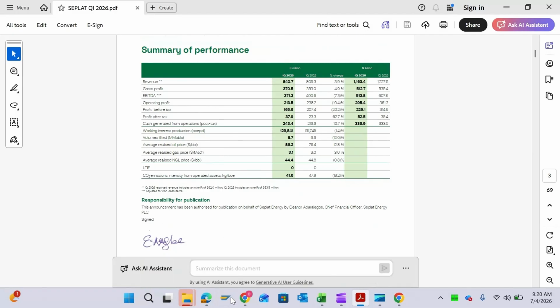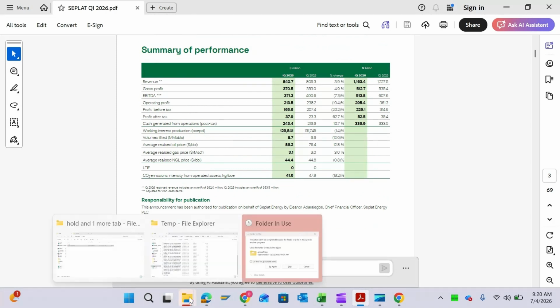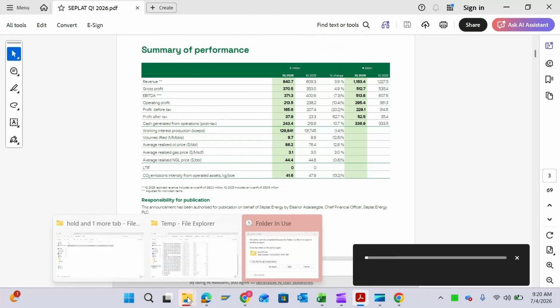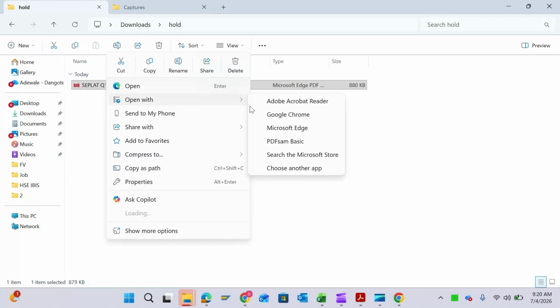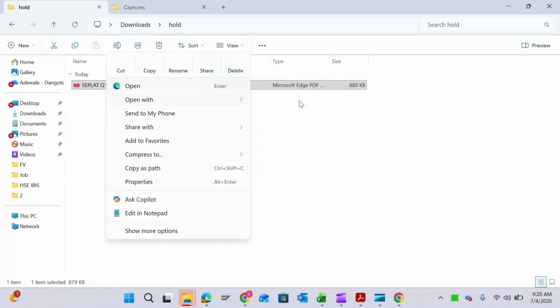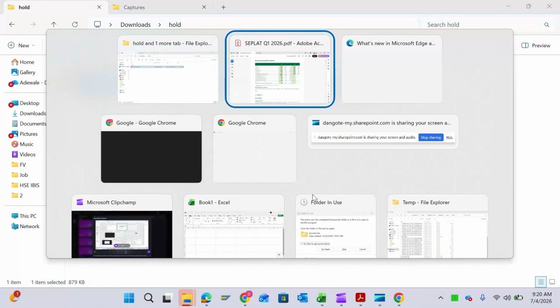However, if you have been able to download it, it might be hard to use just any PDF viewer to make the work easy for you. So I will suggest that you right click on it. If you have Adobe on your system, open it with Adobe Acrobat Reader, because this will allow you to copy and paste.